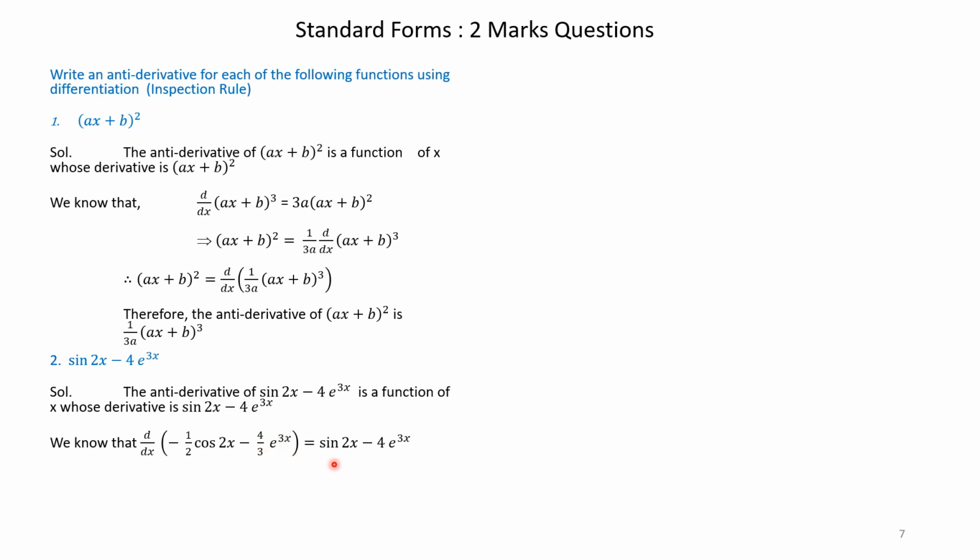That is equal to what we get if we take the derivative. It is 2 into minus sin, so it is sin 2x. The 2 gets cancelled, and we get sin 2x minus, because the derivative of e to the power 3x gives 3, the 3 gets cancelled, 4 e to the power of 3x.